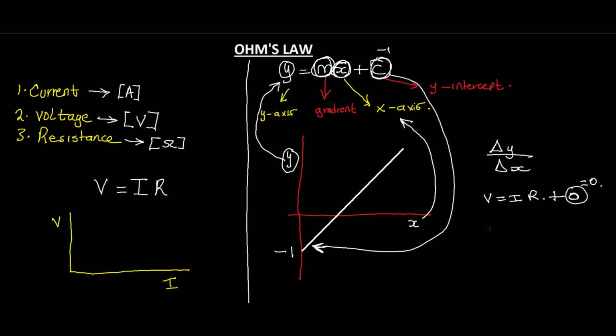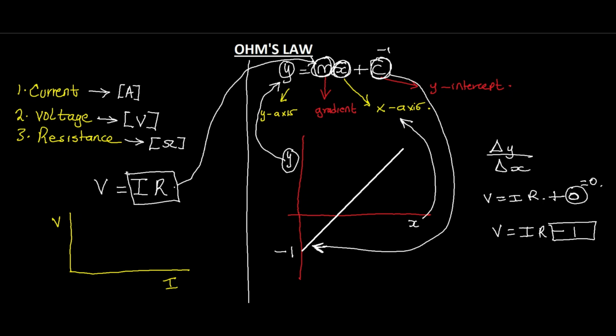If the equation were like voltage is equal to current multiplied by the resistance, let's say -1, then this will be the nature of the graph, because this -1 represents the y-intercept, where this line cuts the y-axis. But because there's no value here, it is just empty, like v is equal to ir. These two values here stand for this whole part of the nature of the graph.